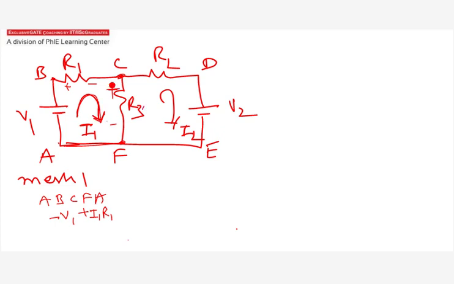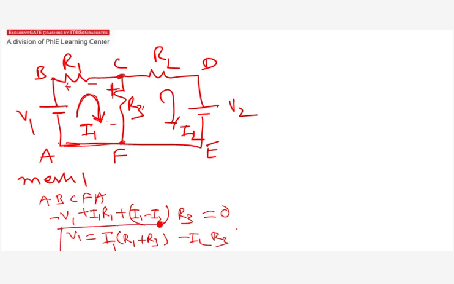Okay, so for mesh 2, I'll start from D. Mesh is a closed loop, right? D, E, F, C, and back to D. So starting from D, if I go clockwise, I'll encounter plus V2, then minus.